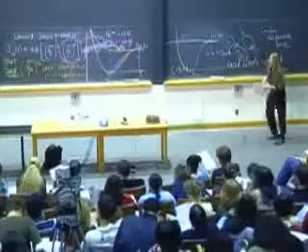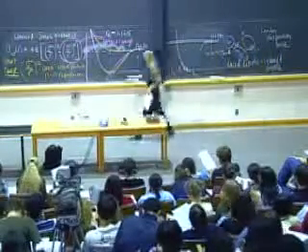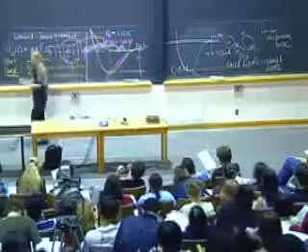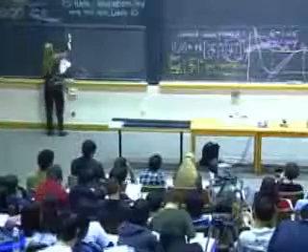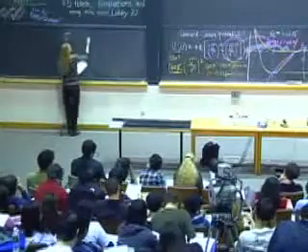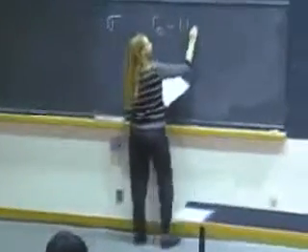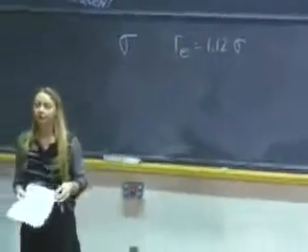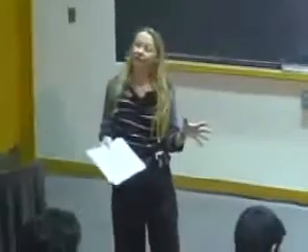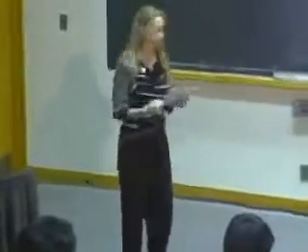Now, the other thing that's interesting and important here is this value of sigma, and I said that r sub e was 1.12 times this sigma. The value of sigma is actually the definition of what we call a van der Waals radius, right?